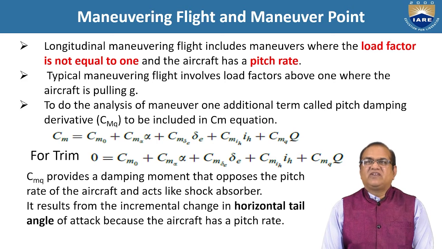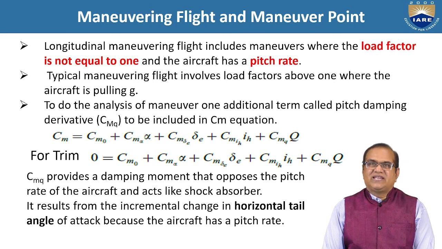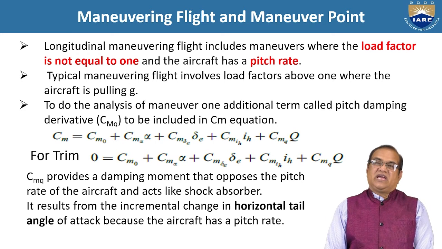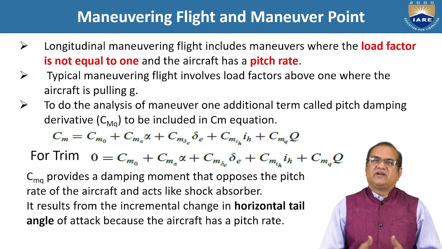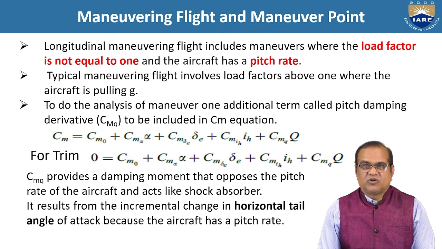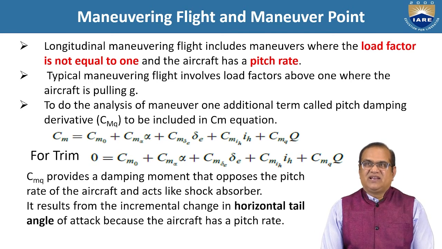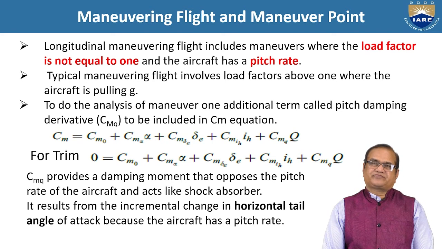Typical maneuvering flight involves load factors above 1 where the aircraft is pulling G. So if the aircraft is going upward, the pulling force is more than G, and it is called that the aircraft is maneuvering.